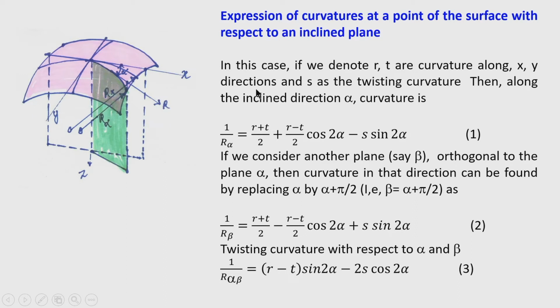Okay. So, in this case, if we denote r and t as the curvatures along the x and y directions, and s as the twisting curvature, del square z by del x del y, then along the inclined direction alpha, curvature is 1 by r alpha equal to r plus t divided by 2 plus r minus t by 2 cos 2 alpha minus s sin 2 alpha.